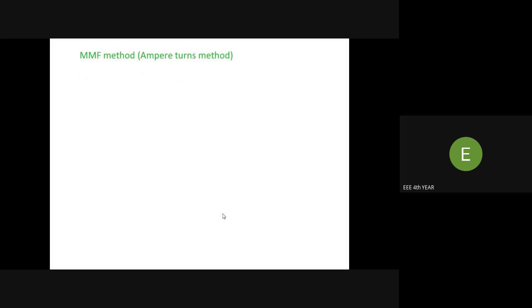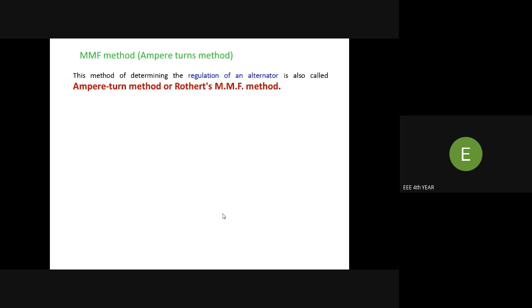The next one is the MMF method or Ampere-Turns method. This method of determining the regulation of an alternator is also called the Ampere-Turns method or Potier's MMF method. It is based on the results of the open circuit test and short circuit test on the alternator.